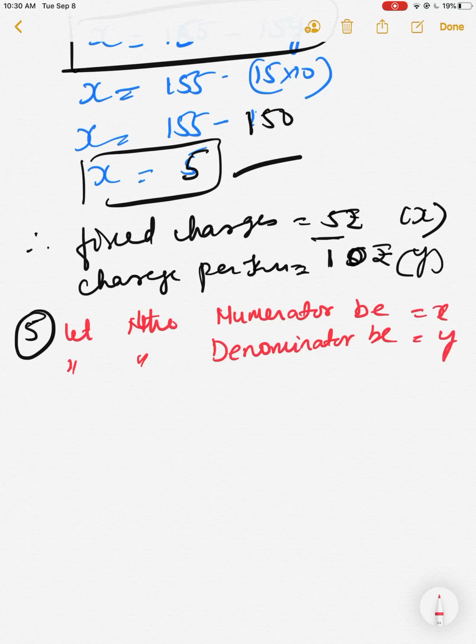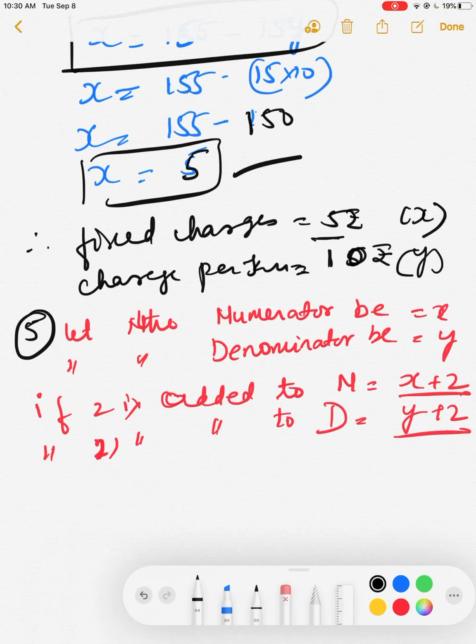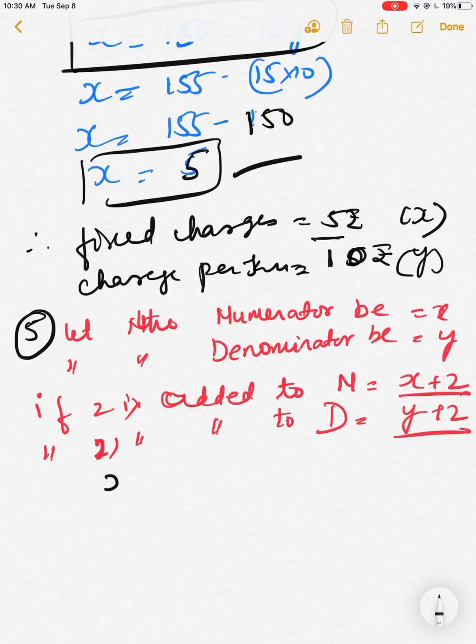Now if 2 is added to both numerator and denominator, the numerator becomes x plus 2, and the denominator becomes y plus 2. Then the fraction becomes 9 upon 11. That means x plus 2 upon y plus 2 is equal to 9 upon 11.